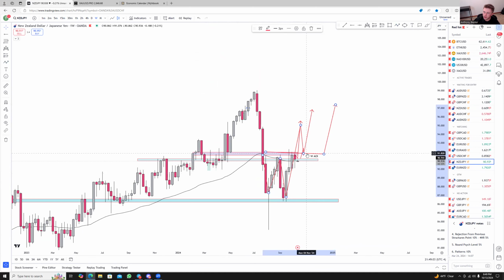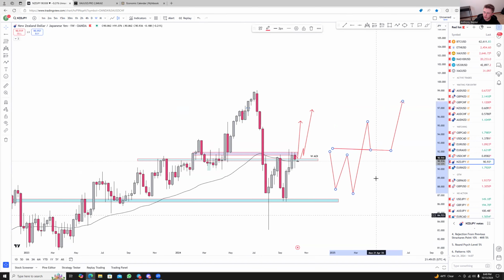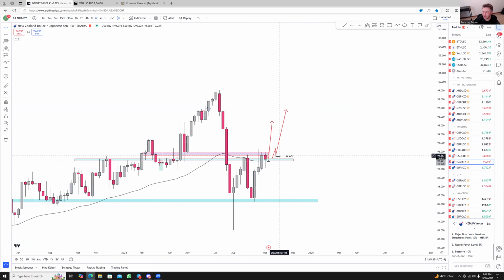To go. Double bottom, retest of your neckline, take off. It's a bearish trend switching bullish. That's what we're looking at on NZD JPY.